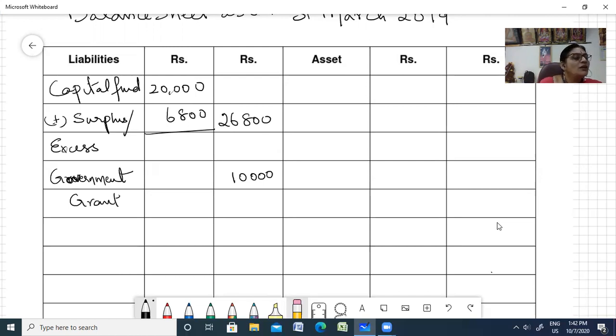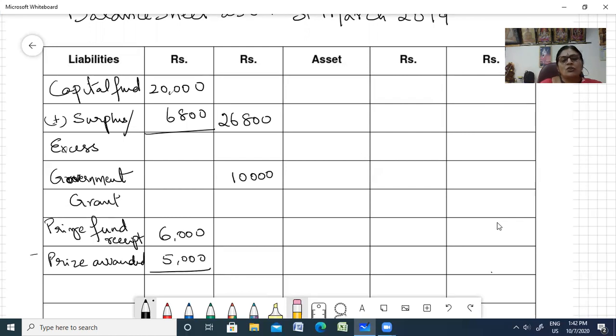So now you have your price fund receipt, which is 6,000. Then minus price awarded. You have spent this much money, no? So price awarded is 5,000, leaving 1,000 rupees.